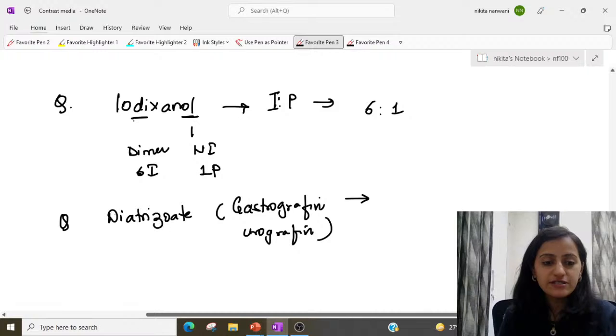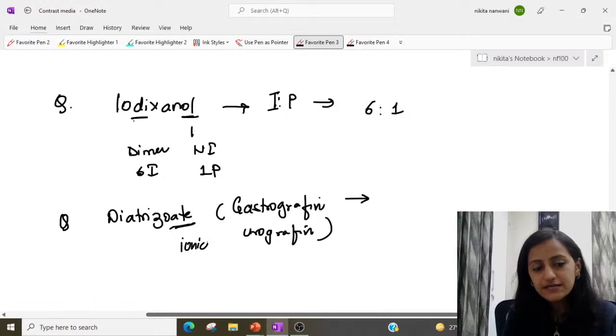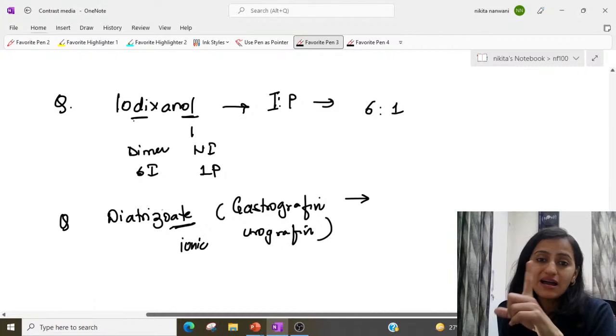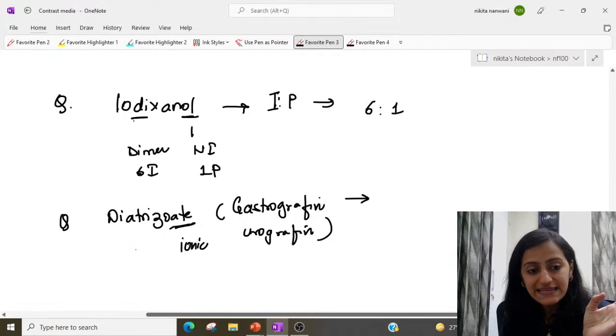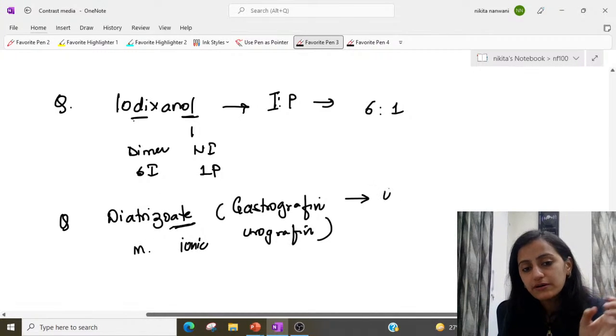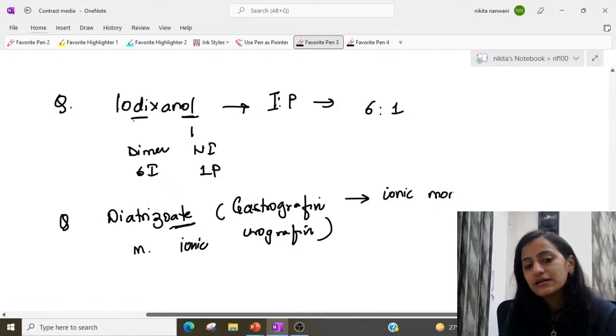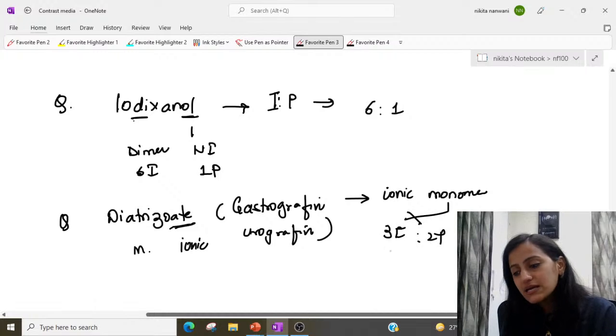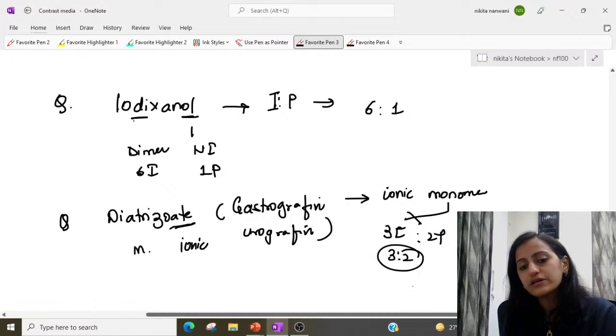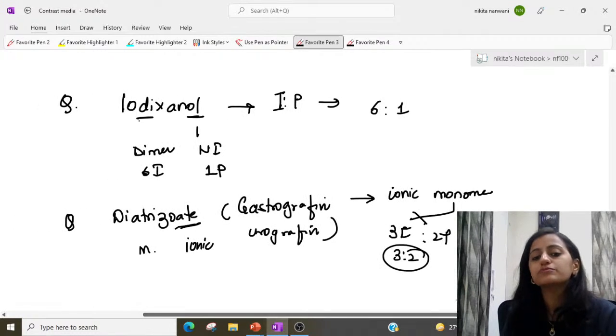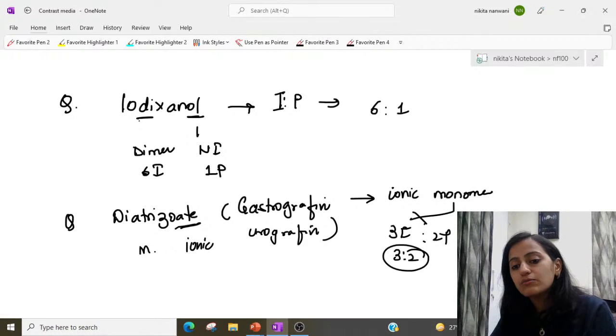Very good. Diatrizoate, ATE, is ionic. It is not your ionic dimer; the ionic dimer is only ioxaglate. It is an ionic monomer. Monomer, 3 iodine, ionic 2 particles. So it is going to be 3:2 because it is an ionic monomer.